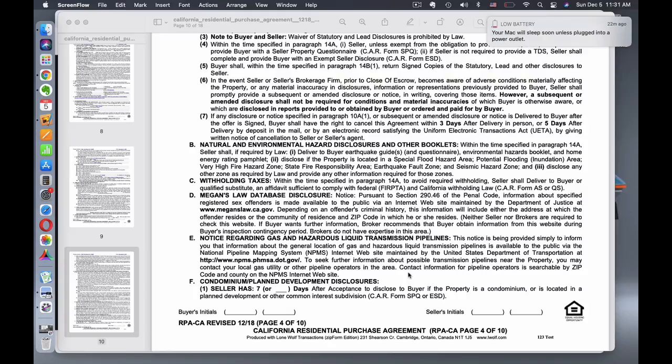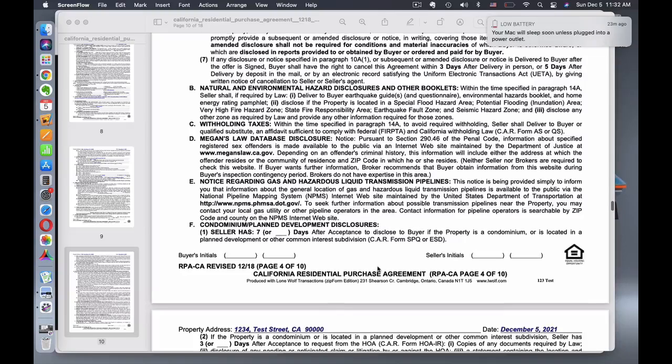The NHD reports will show special flood hazard areas typically. So you'll get all of that information. Withholding taxes, if you're buying a rental property, this is an important paragraph, and we will help you through that as well as escrow. Megan's Law database disclosure just tells you where the website is, and if you want to look up in the neighborhood where all the people on this database are, you can go to this website and do that.